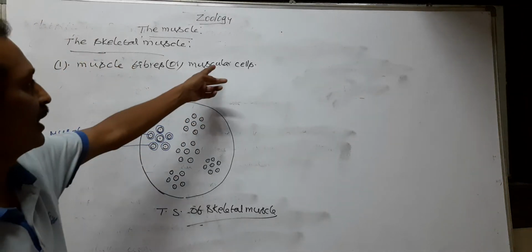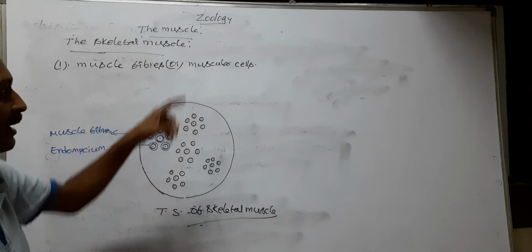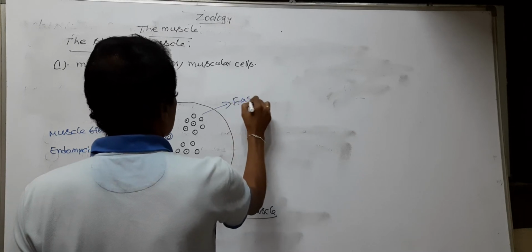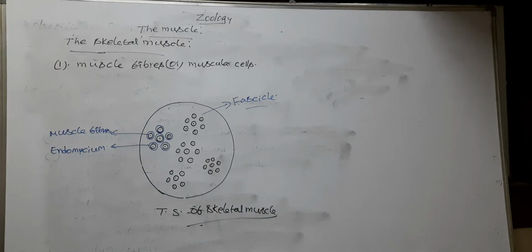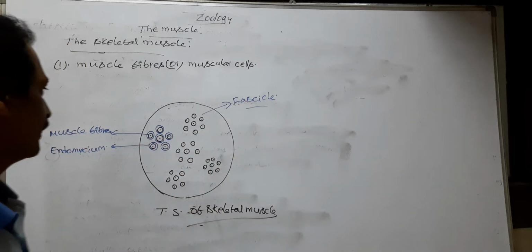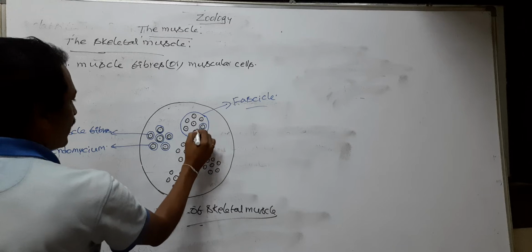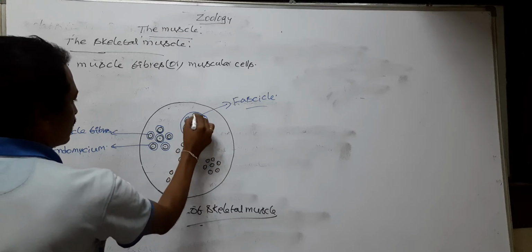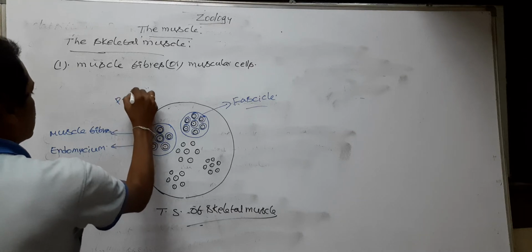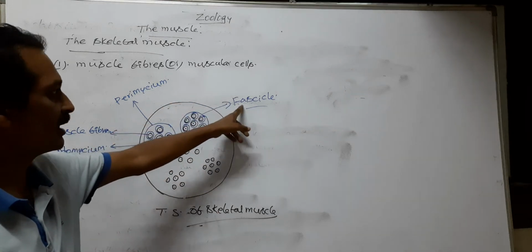Each bundle of skeletal muscle cells is called a fascicle.